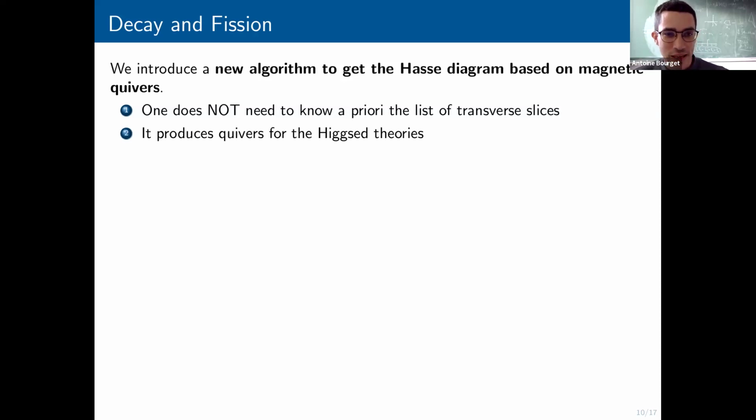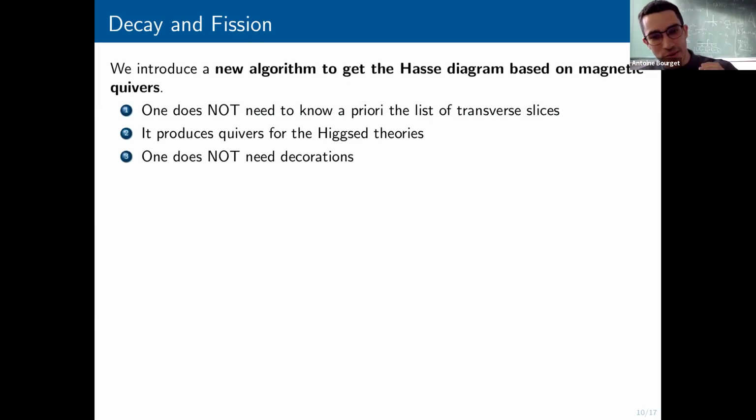The second is it produces the quivers for the Higgs theories. So it's really going in the direction of Higgsing. And the third point is we will not need decorations here. You might wonder, how come we don't need decorations anymore? Because they seem to be there.